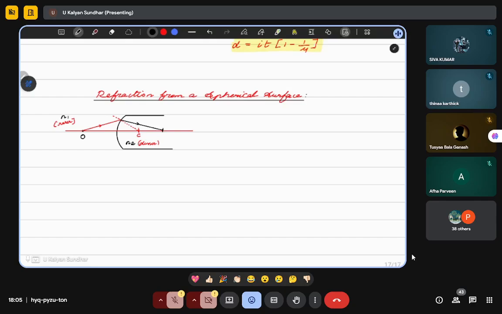Let me take the image which is being formed as I. Now, this is going to be your pole P, this is your object distance, and V is your image distance, and from here the center of curvature is your R distance value.